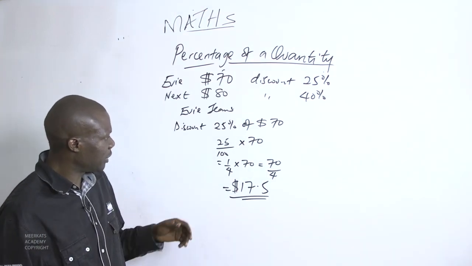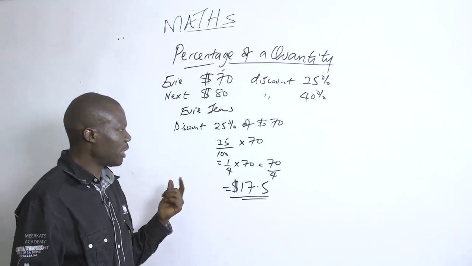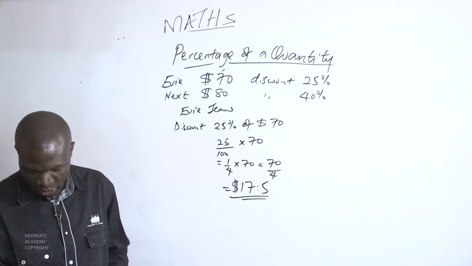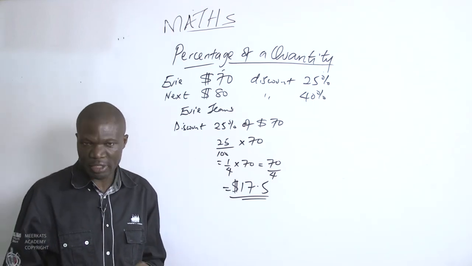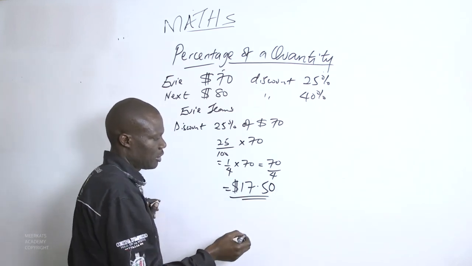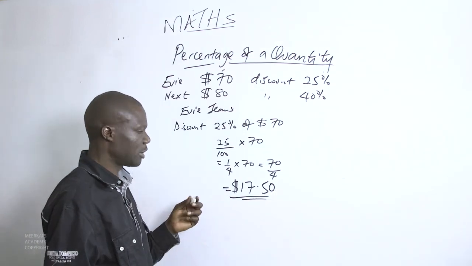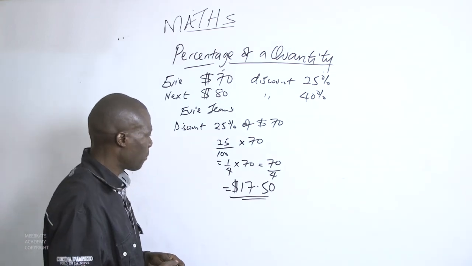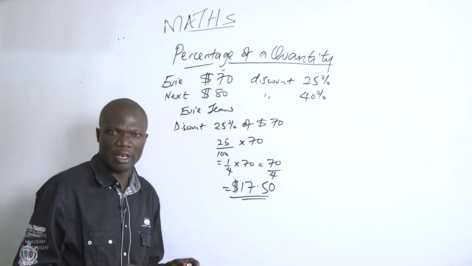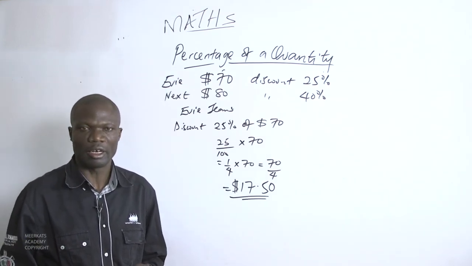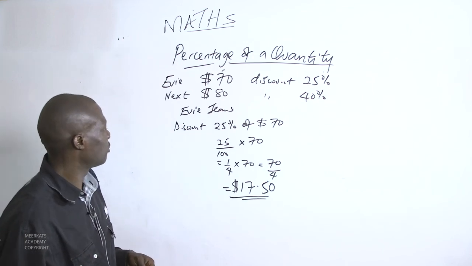So when you divide, the discount we are getting is $17.50. Remember, this is dollars or currencies, so it has to be to the nearest 2 decimal places. Now, how much will it cost Jacqueline to buy these jeans?